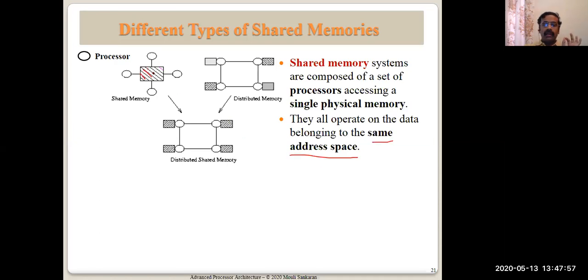There is only one shared location. There is nothing like I divide this into one shared and another shared. We say that they all belong to one address space. So any address, 100 or 200, means one particular location. There is no ambiguity there. So this also you understand.